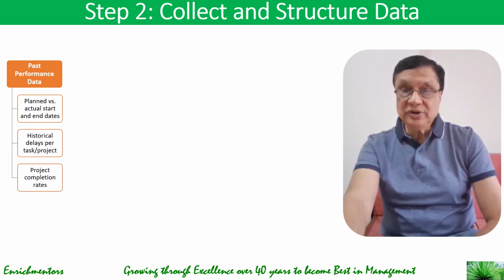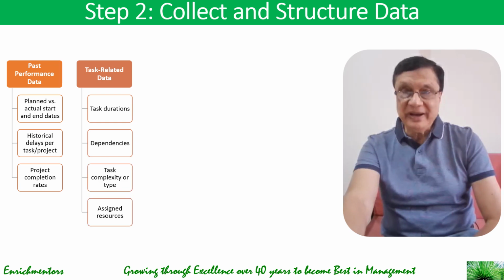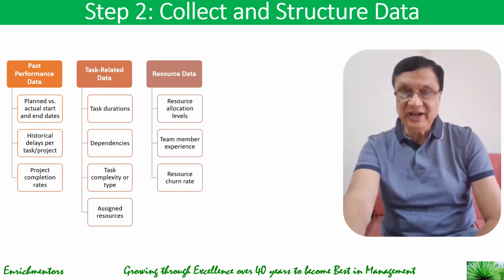You then also need task-related data: task durations, dependencies, the predecessor tasks, task complexity or type, and assigned resources. Then you need data about resources, such as resource allocation levels, team members' experience, and resource churn rate.